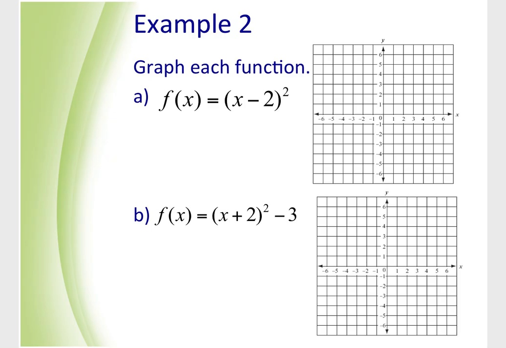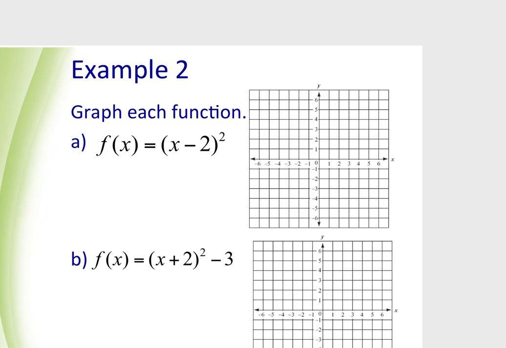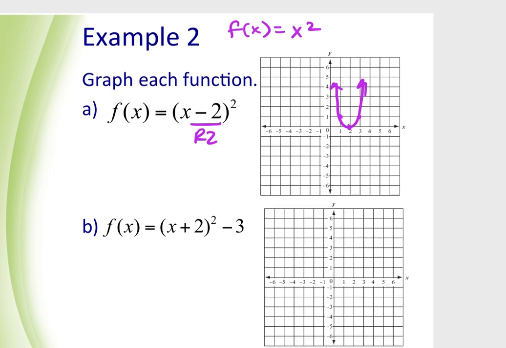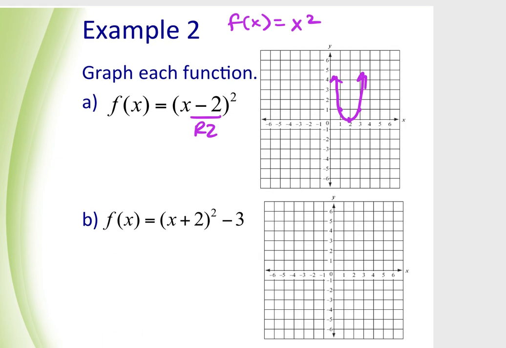All right, example 2. What's the parent function? X squared. What's happening in A? To the right 2. So I go to the right 2, up 1, out 1, draw your parabola. What's happening in B? The plus 2 inside is what?